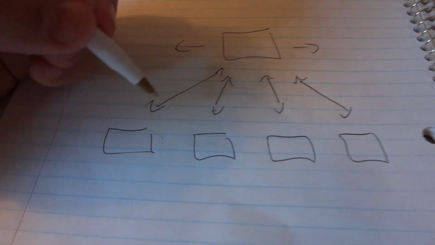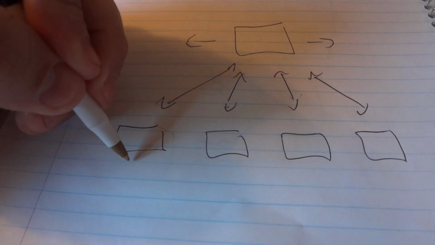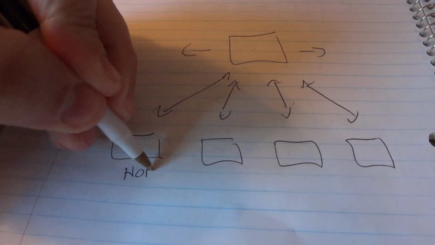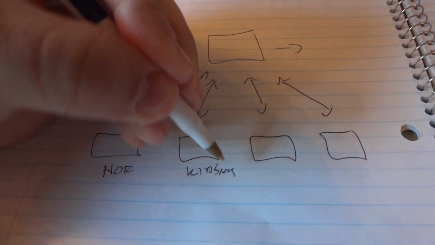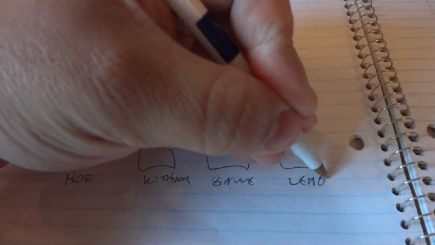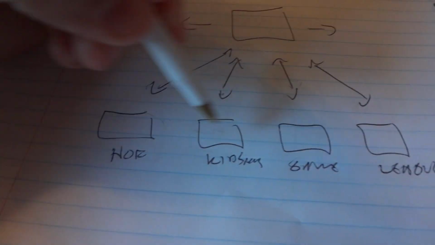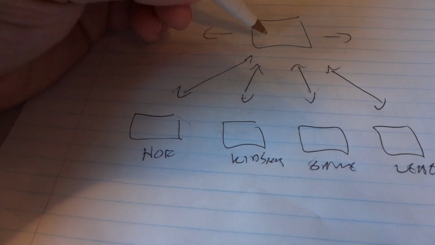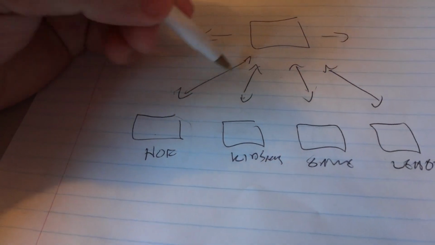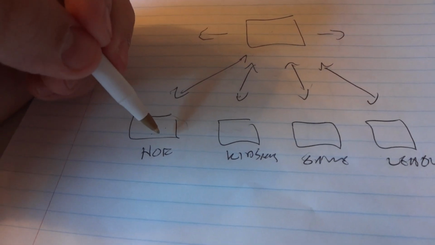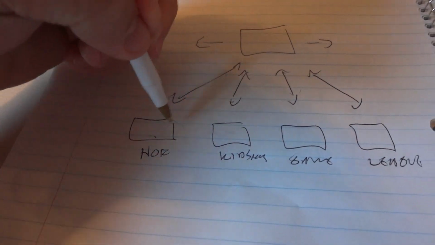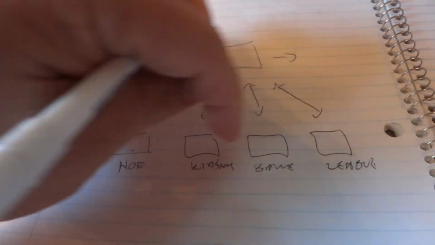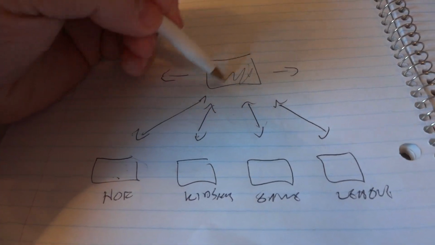What I would like to know is, say this is a Hall of Fame website, this is a Kid Sport website, this is a games website, and this is a league website. And again, apologies for the writing. So we have the same engine, different skins. And do you think that the Hall of Fame website, if these are individual websites on their own, could feed a mother site?